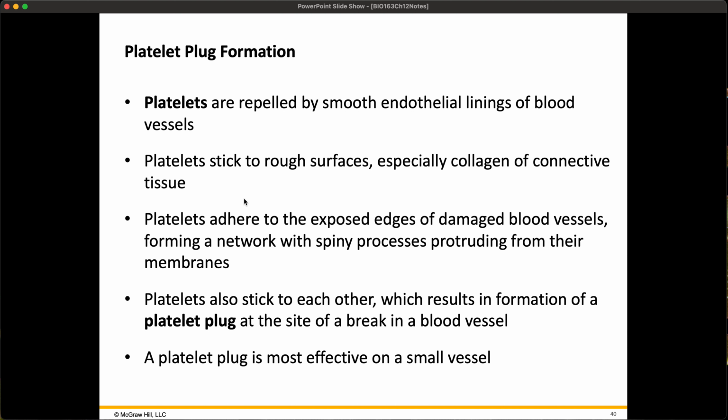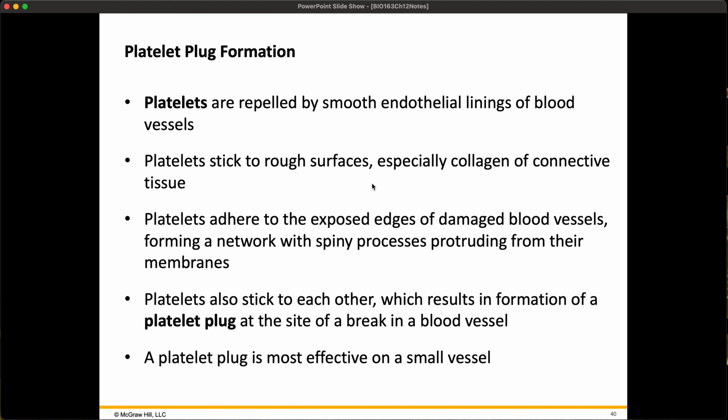But once that blood vessel wall is broken open, the endothelial cells, the smooth linings of blood vessels, actually stop producing this molecule. So that then helps the platelets to stick a little more to the inside of the cell. And then also, once the cell is broken open, it starts to expose connective tissue, the collagen fibers of connective tissue.